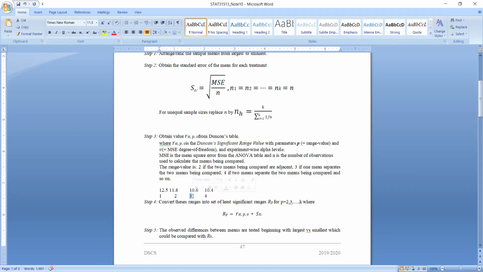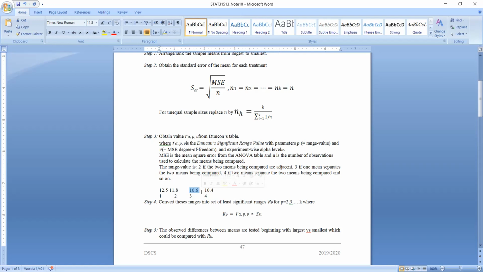So you can take the p-value as equal to 3. But if you compare 11.8 and 10.6, two consecutive points, you always have to take p-value as equal to 2. So you can just remember this with the rank position.